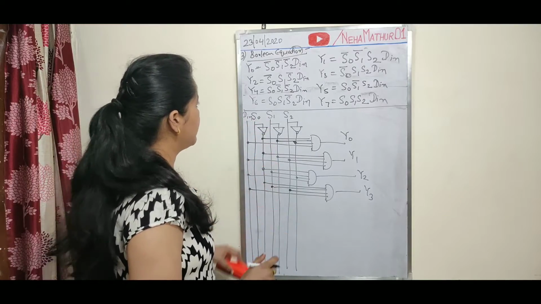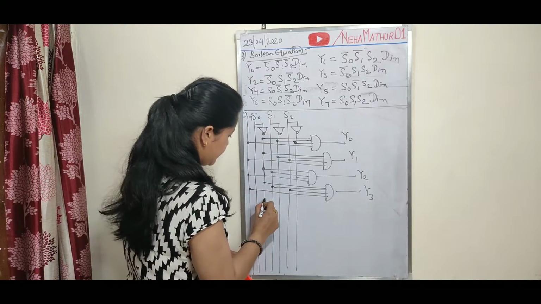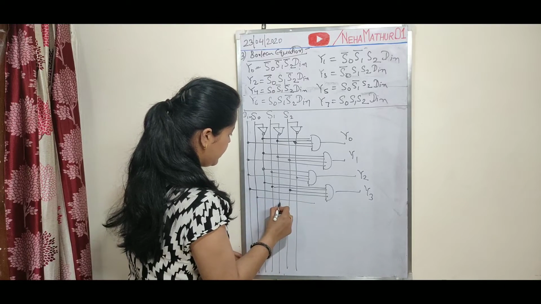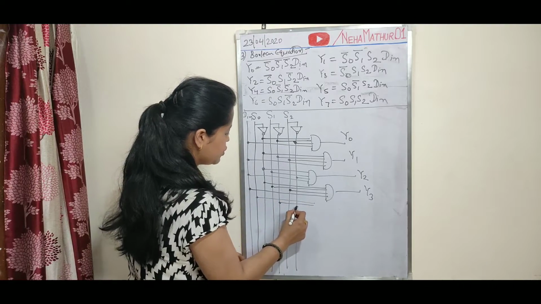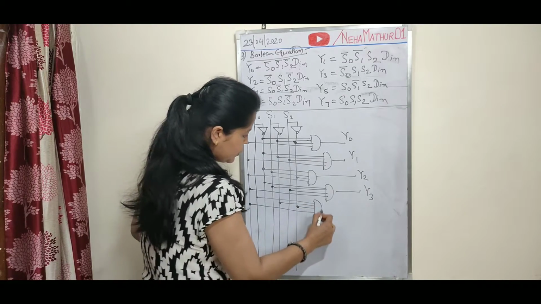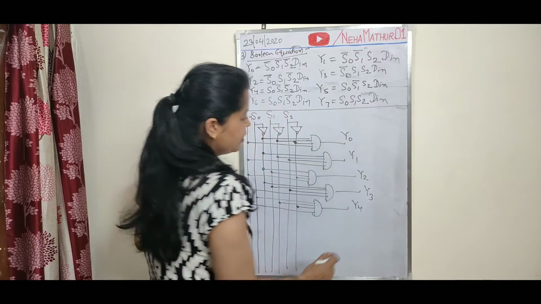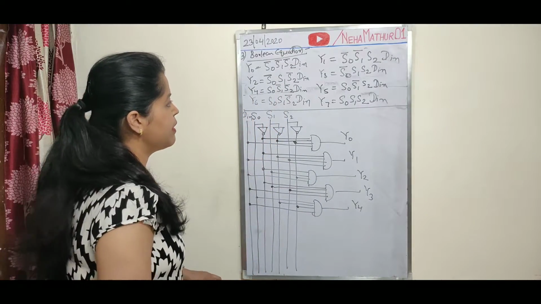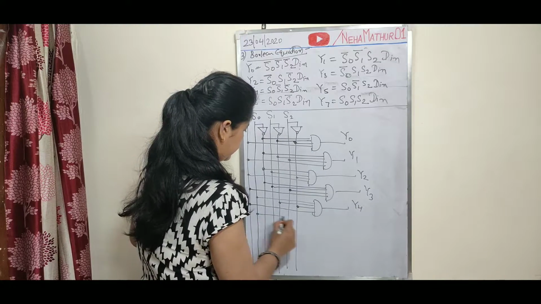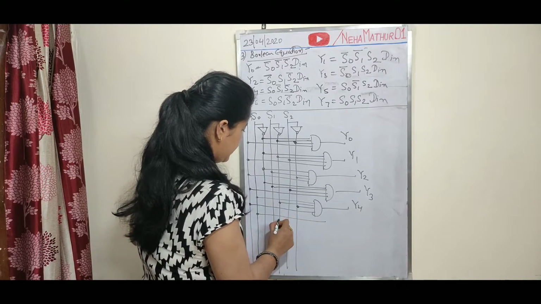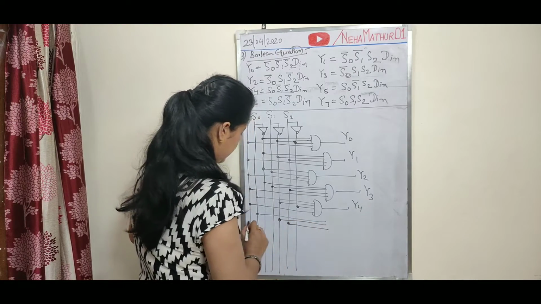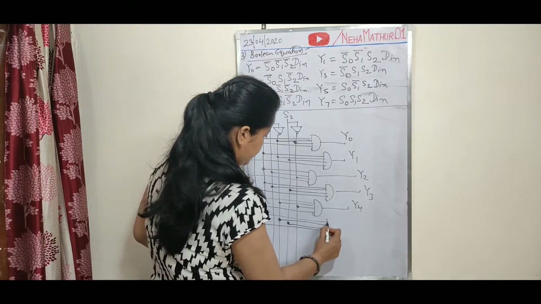What about y4? y4 is equal to S0 multiplied by S1 bar multiplied by S2 bar, and the final variable is Din. So the output will be y4. Similarly, y5 is equal to S0 multiplied by S1 bar. The third variable is S2 and the fourth variable is Din.